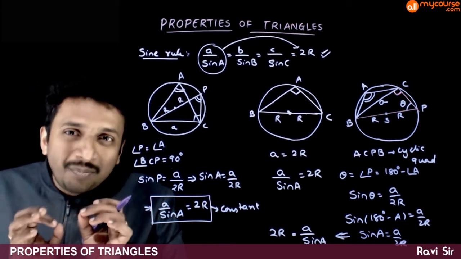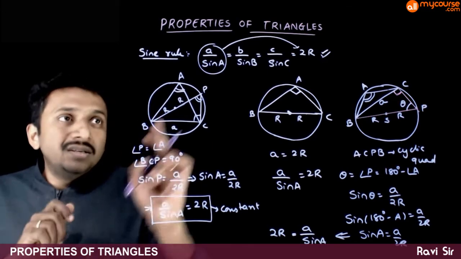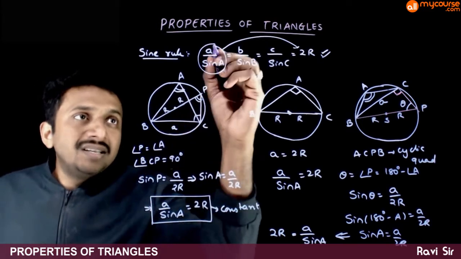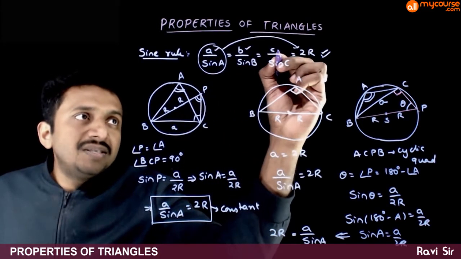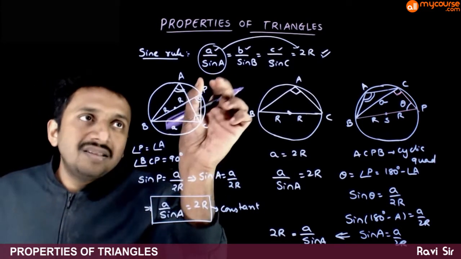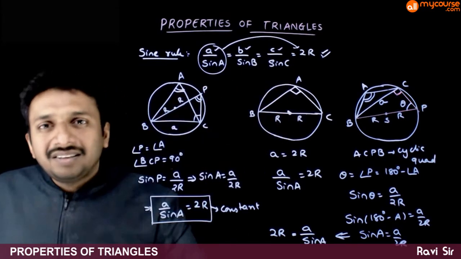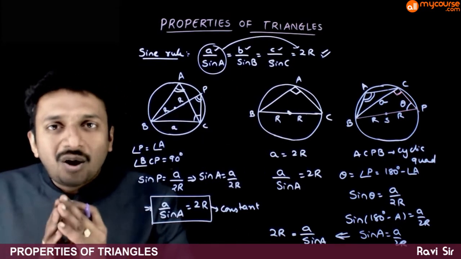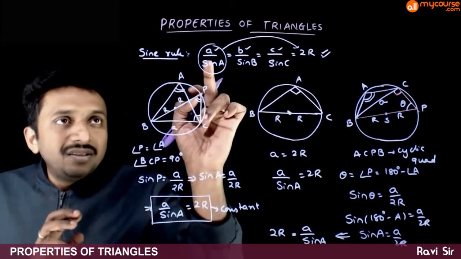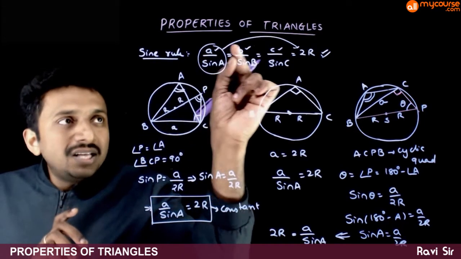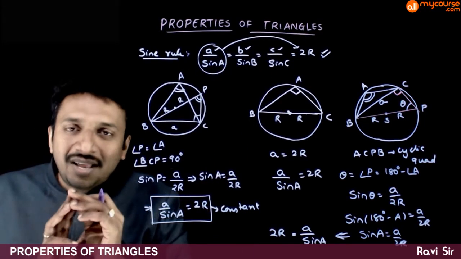And what is the importance of the sine rule? The sine rule says that the ratio of the sides a, b, c is the same as the ratio of the sines of the angles opposite to them.